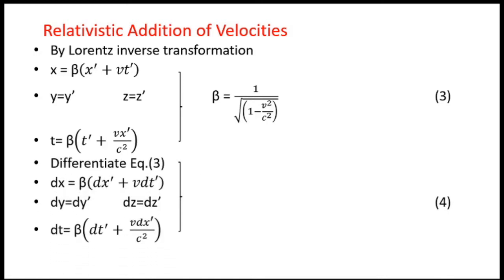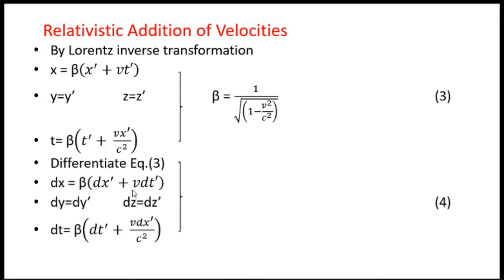Just differentiate equation 3. So we obtain dx is equal to beta times dx dash plus v dt dash, dy is equal to dy dash, dz is equal to dz dash, and the time coordinate, if differentiated, gives dt is equal to beta times dt dash plus v dx dash upon c square.